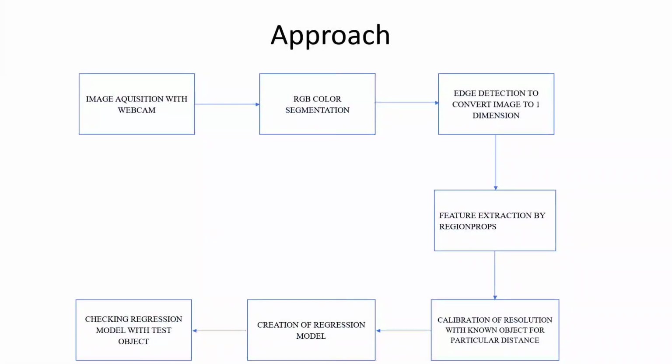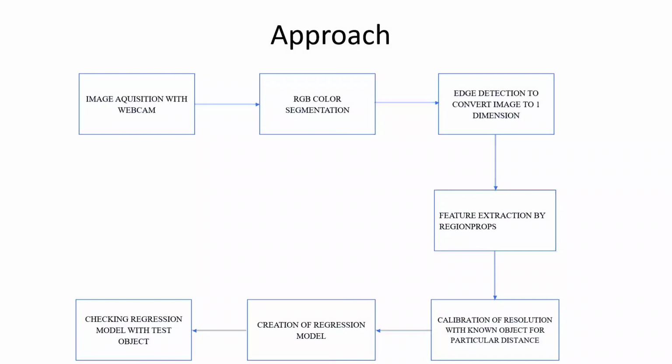Here for this particular case, we have taken 6 distances, and once we have made a model using those 6 distances and resolution, we are basically creating a regression model, which will try to establish a relationship between the resolution and the distance.